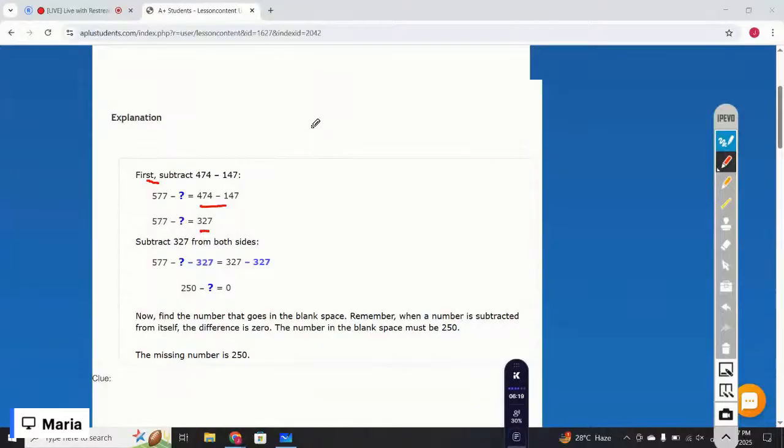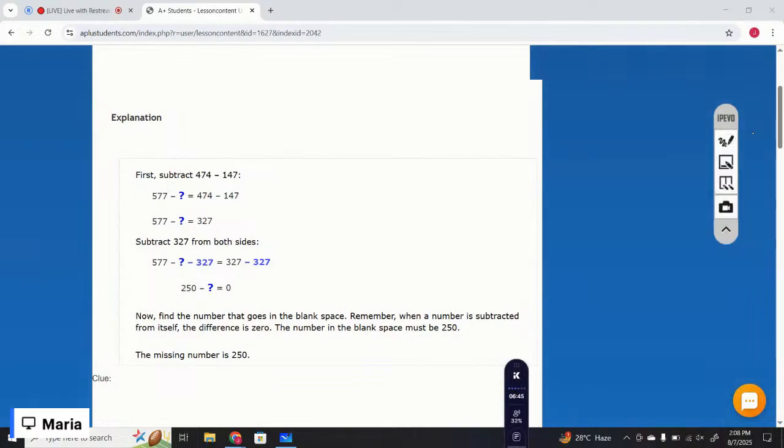So when you subtract 327 from both sides, we have 250 minus missing number equals 0. That means the missing number is 250 because 250 minus 250 is 0. So the missing number is 250.